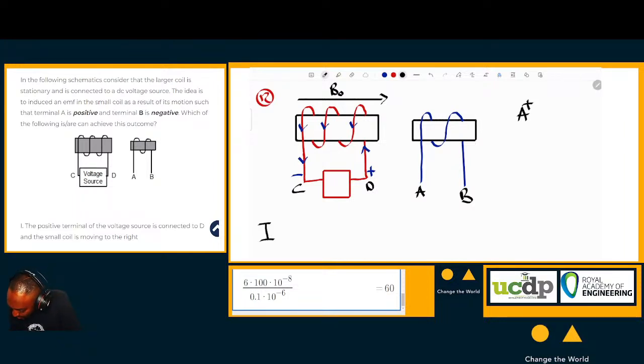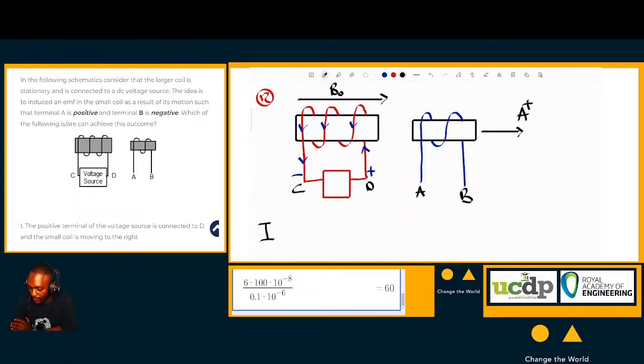This is the small coil. It's being pushed to the right. Remember, for now you've produced a magnetic flux, but you don't know whether this flux is increasing or decreasing, right? Now they are telling you that the coil on the right is moving further away. So if it is moving further away, what can we say about the magnetic flux induced in that coil? Is it going to be increasing or decreasing?